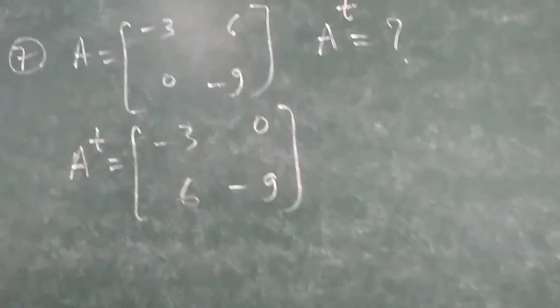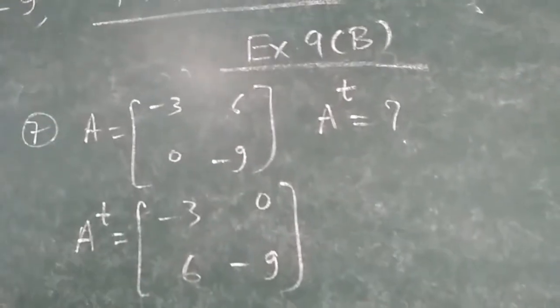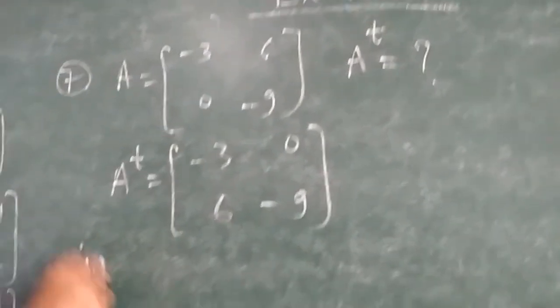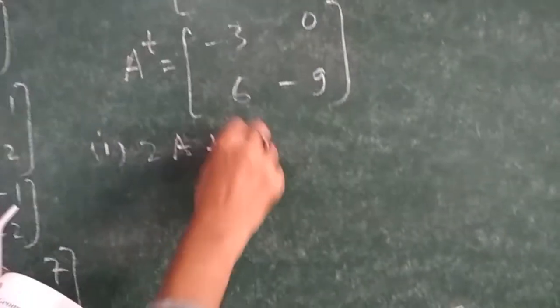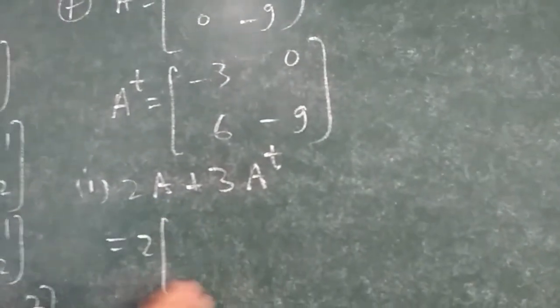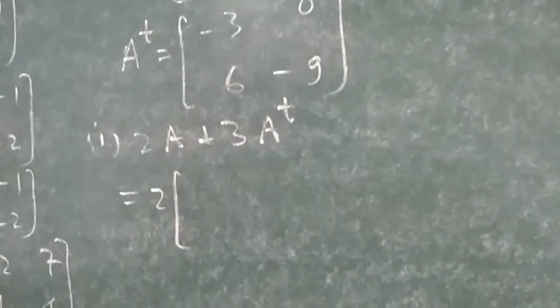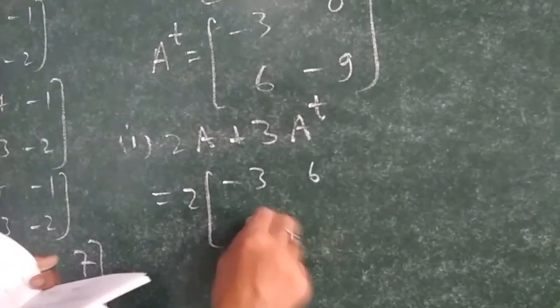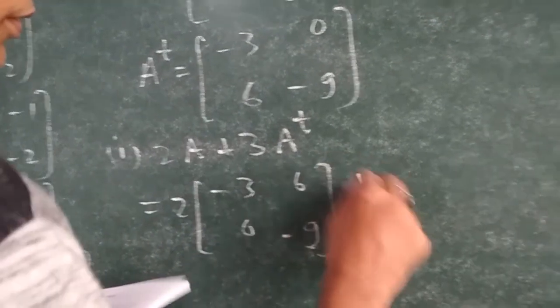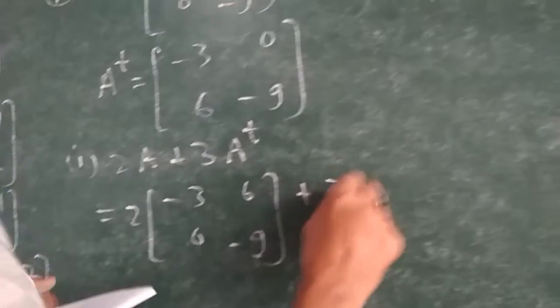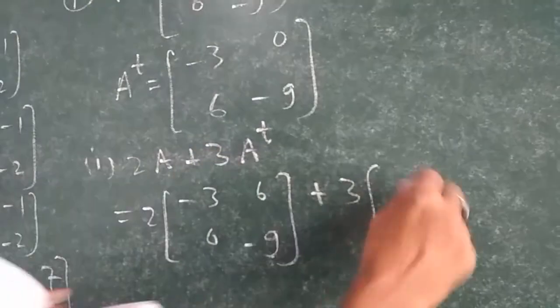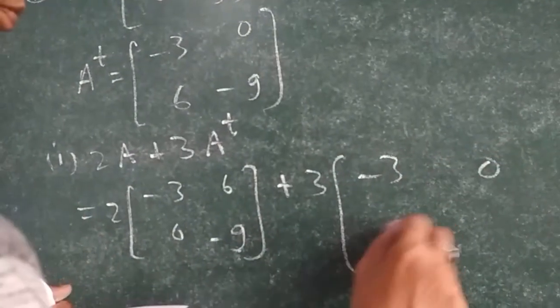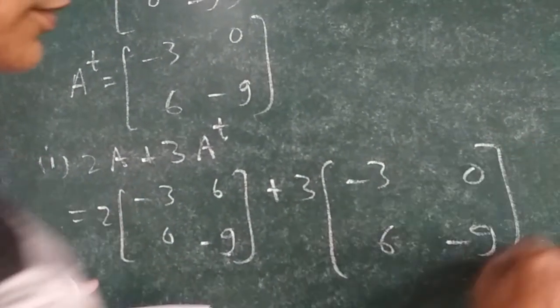Now find 2A plus 3A transpose, the first part. How can we find it? 2 we will keep as it is, and in the same place we will put the matrix, plus 3, then its transpose, minus 3, 0, 6, minus 9.